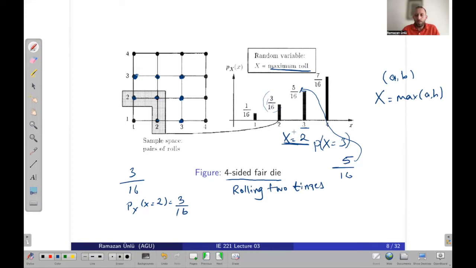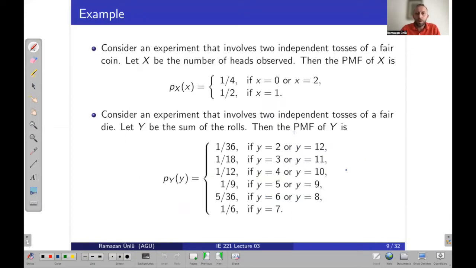Okay, so if you summarize the thing, we can say that if you want to calculate the probability mass function, first think about what values the small x can take.